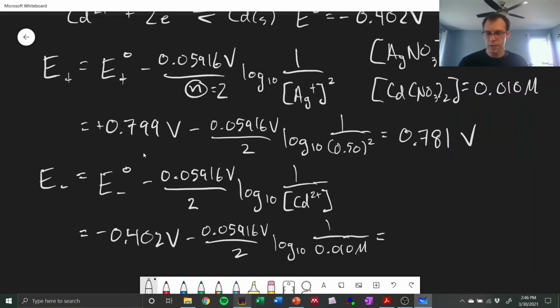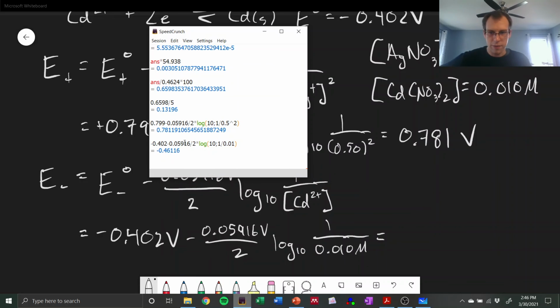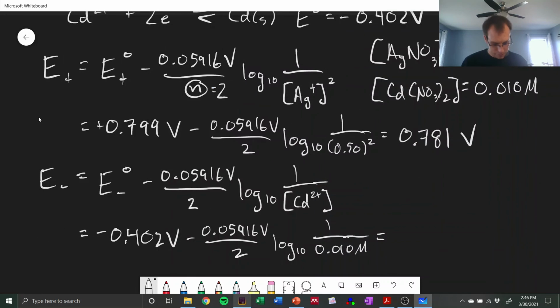And that gives us a value of negative 0.461 volts. I always make it a point to make sure I remember the positives and negatives here.